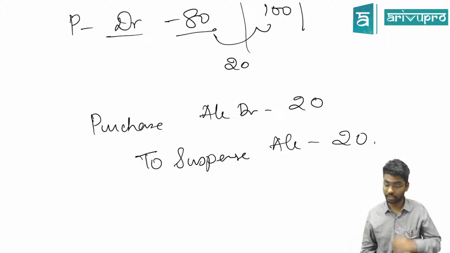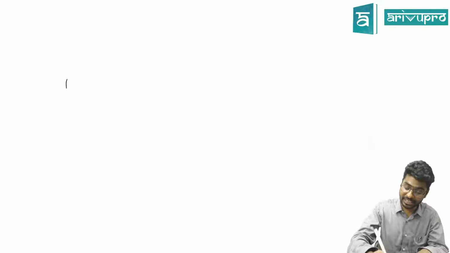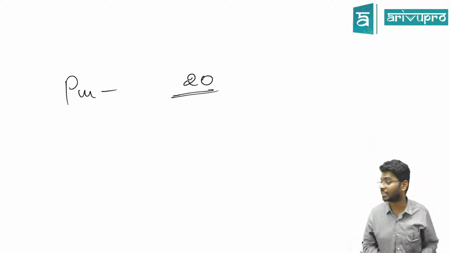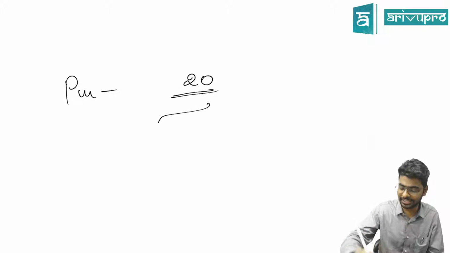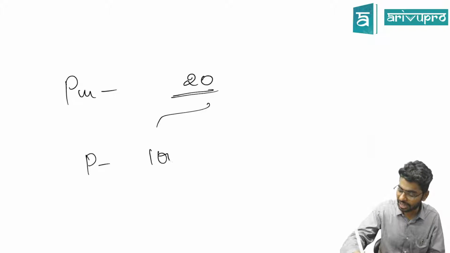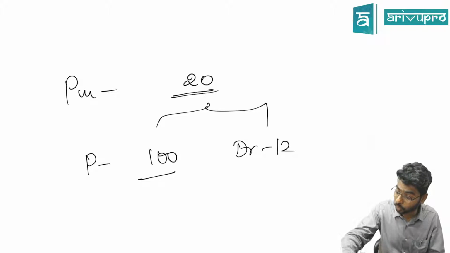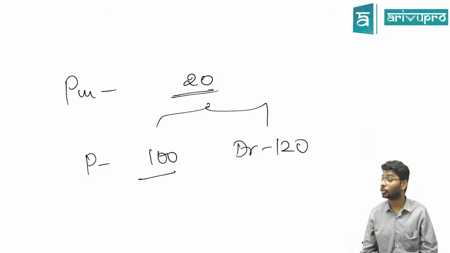Are you fine? Now, let's say purchase account was overcast by 20. What does it mean? Logically, purchase account should have had 100 rupees. Instead of that, you are debiting it by 120. You have given extra debit.